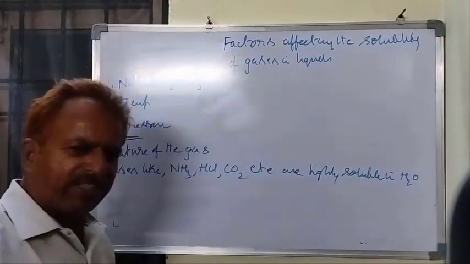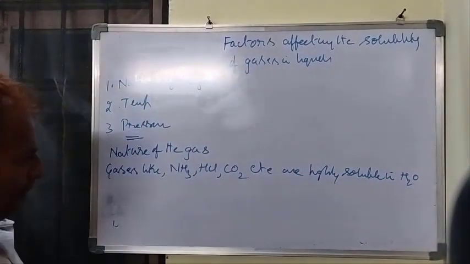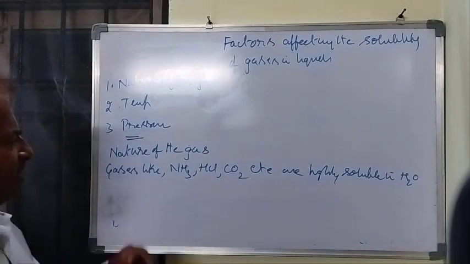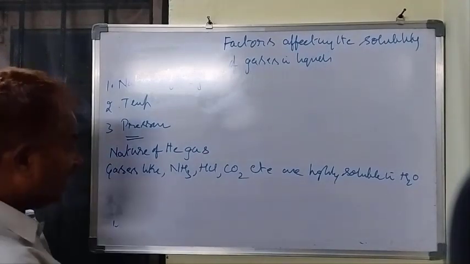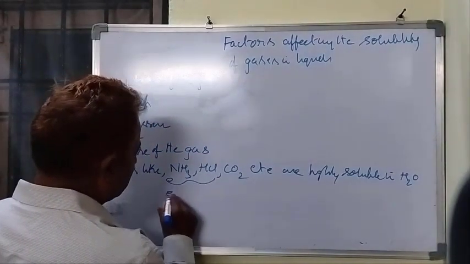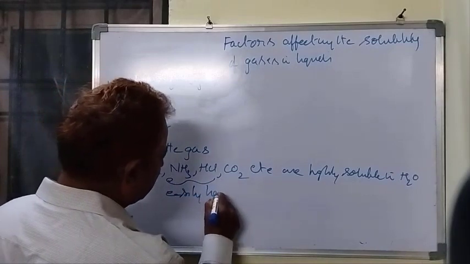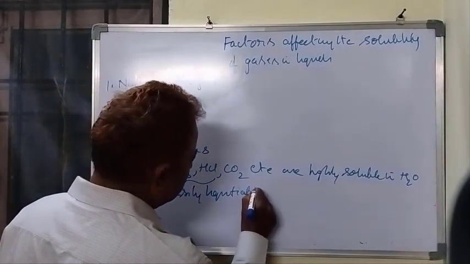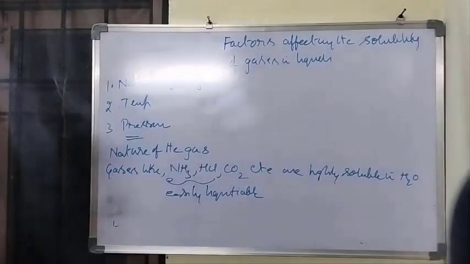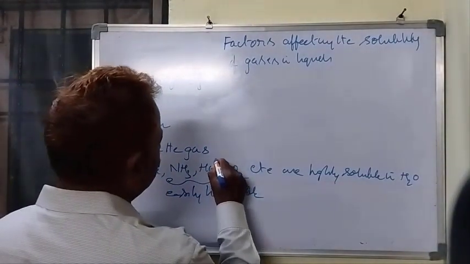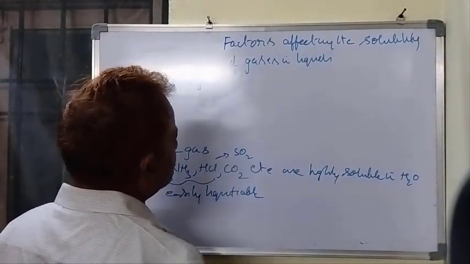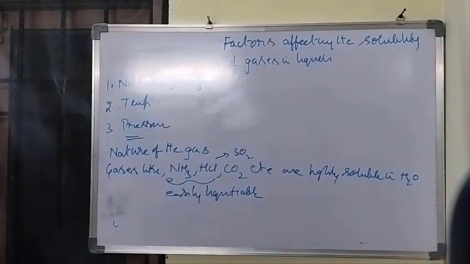Here the solvent is water in most of the cases. So gases like NH3, HCl, etc., are easily liquefiable gases. So easily liquefiable gases like ammonia, hydrogen chloride, SO2, sulfur dioxide, carbon dioxide, etc., are highly soluble in water.